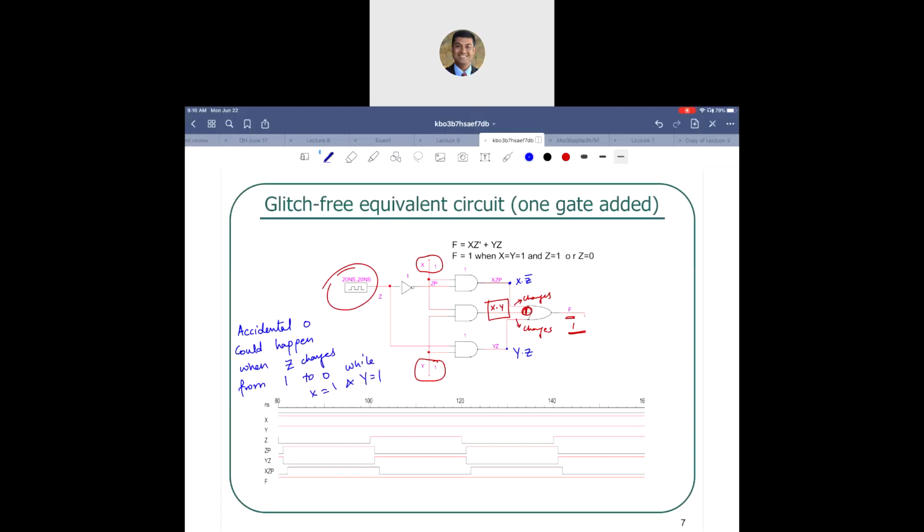So that's the condition. The condition is z has to change from 1 to 0, not the other way around, 1 to 0 only, while x is 1 and y is 1. That was the accidental 0 that could happen.